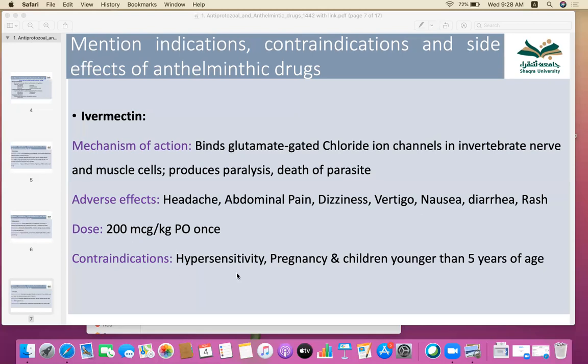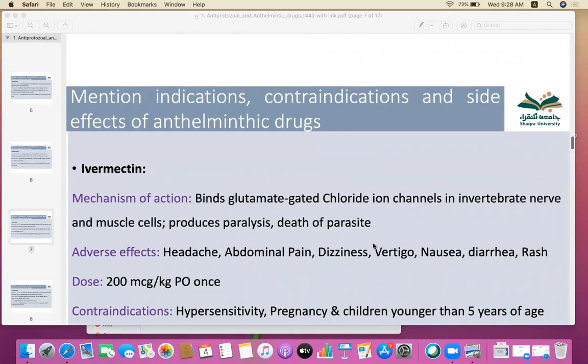Contraindications: hypersensitivity, pregnancy, and children younger than 5 years of age. So it is not recommended for children under 5. If we have a 3-year-old patient, we will consider albendazole or mebendazole.